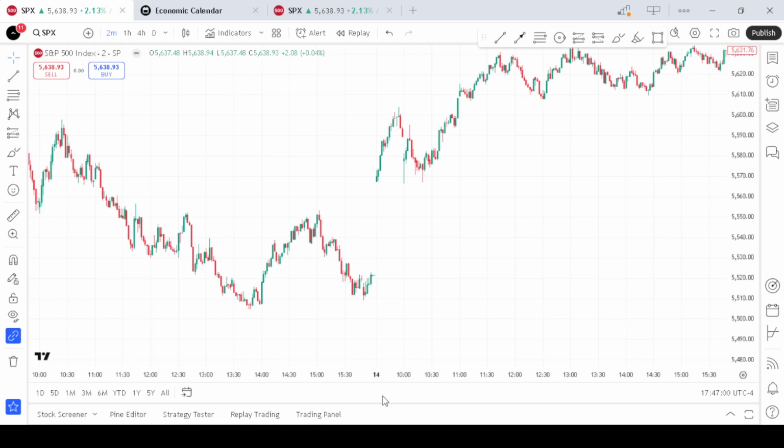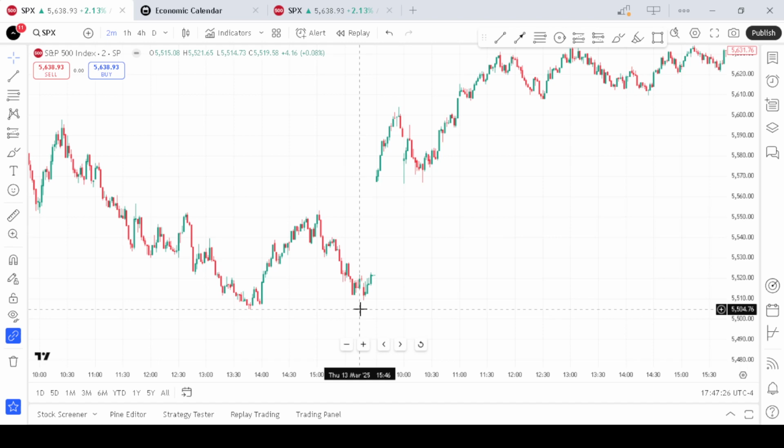And in today's video, we are going to be talking about the TradingView Stock Screener, a powerful tool that can revolutionize your day trading and swing trading strategy. You will learn how to effectively use these screeners to filter stocks, set up custom parameters and identify promising trading opportunities.